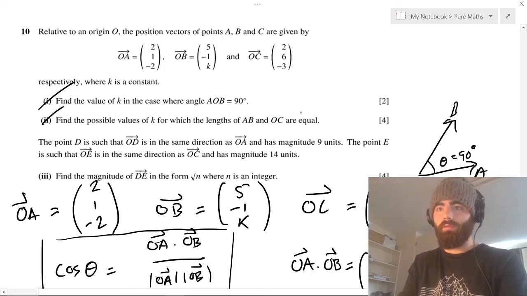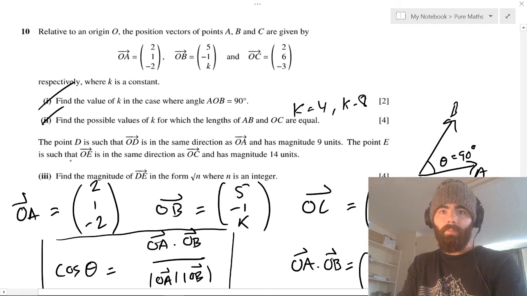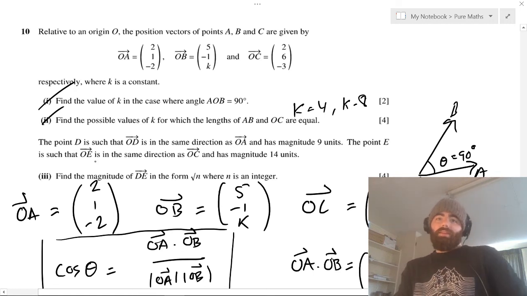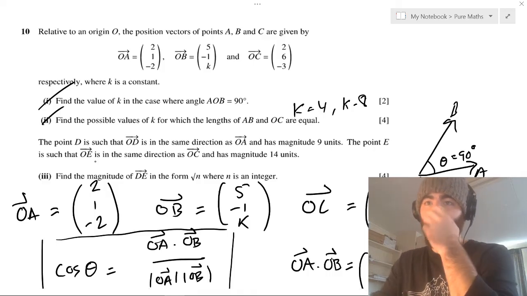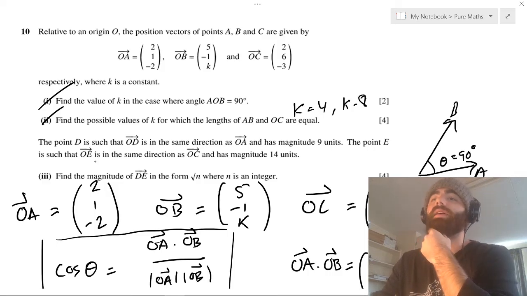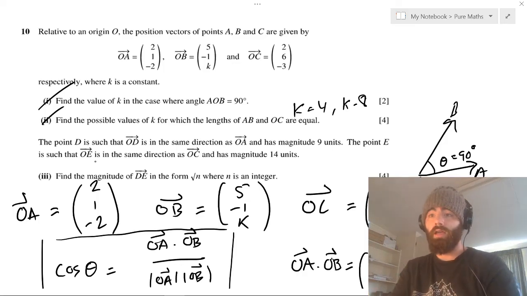Okay, cool, so we did that, and we got k equals 4 and k equals minus 8 for that one. The point D is such that OD is in the same direction as OA and has magnitude of 9 units.